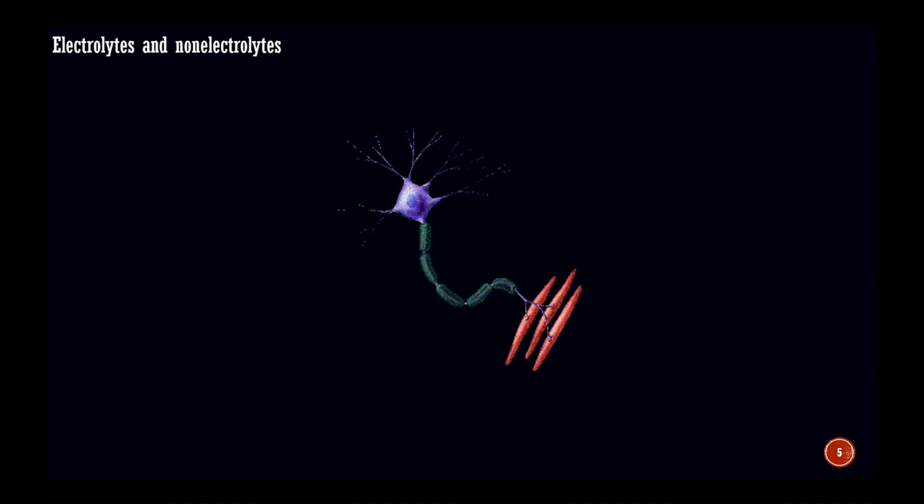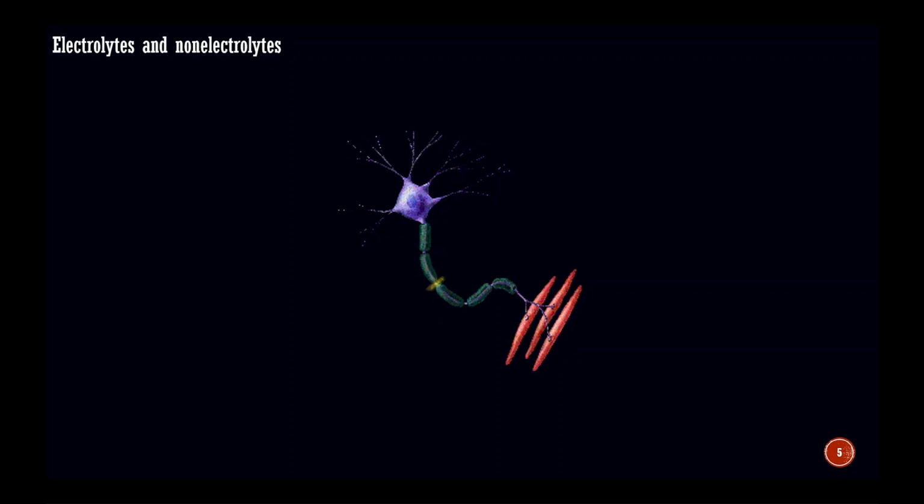Generally, an electrolyte is a substance that dissolves in water to produce a solution that conducts electricity. In contrast, a non-electrolyte is a substance that dissolves in water to produce a solution that does not conduct electricity. Every water-soluble substance falls into one of these two categories.